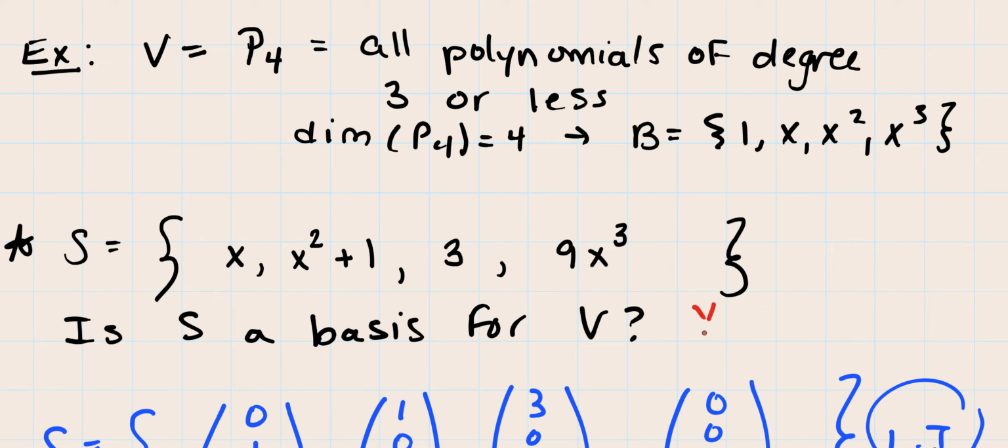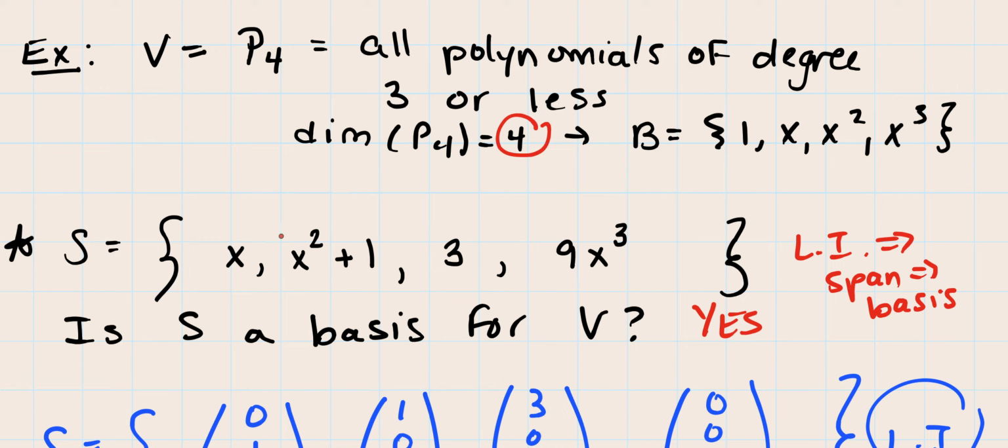So the answer is yes. Linearly independent implies span, which implies basis. Now remember, in general, linear independence does not imply a spanning set. It's only true if the dimension is equal to the number of vectors in your set.